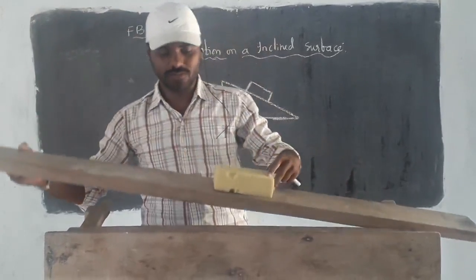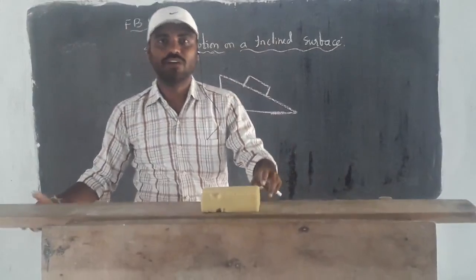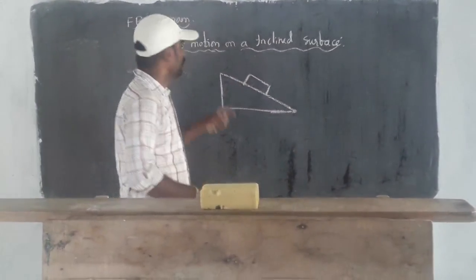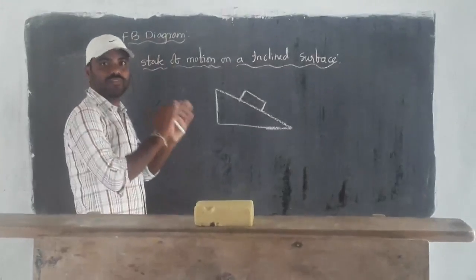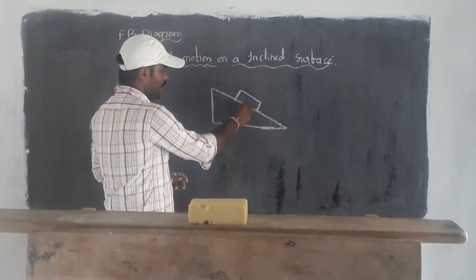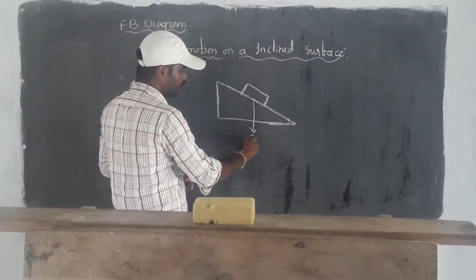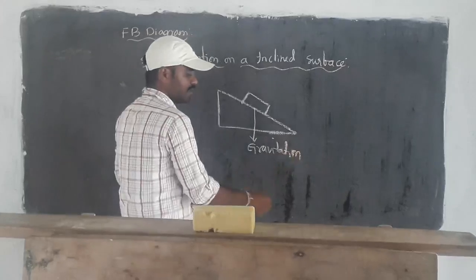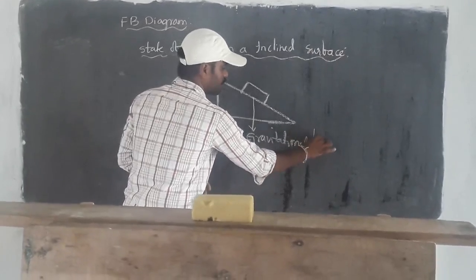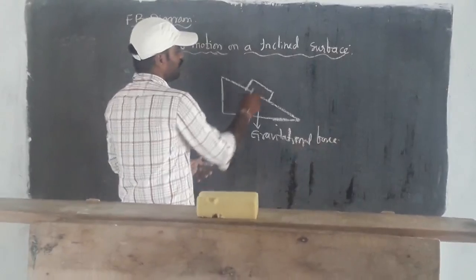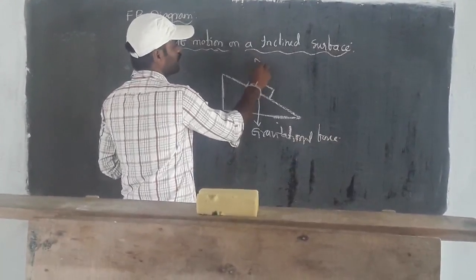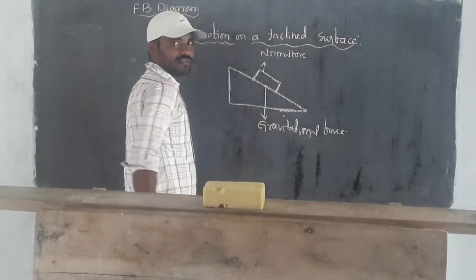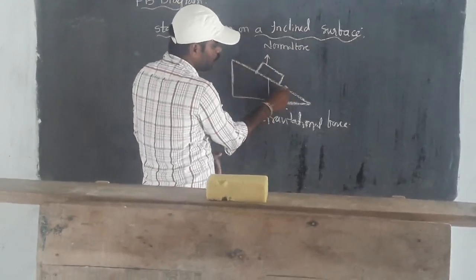Moving on. So simply, what forces are acting, that we have to draw on the board to know the FBD diagram, means free body diagram. In the downward direction, we have to write gravitational force, right? Then in the upward direction we can see normal force. These two are common. Then it is moving to the downward point.